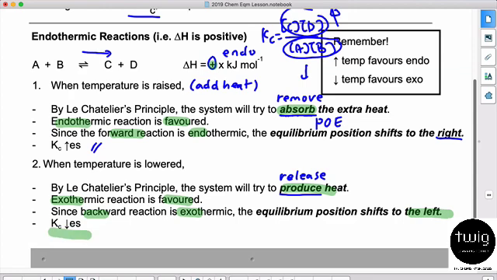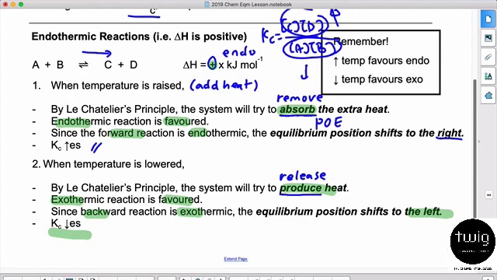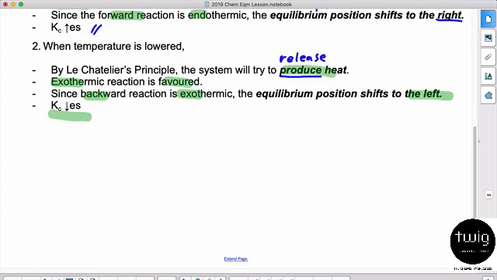Okay, so let's see what I want you to learn. You copy this down, and then later on you can do all the questions today. Change in temperature. This is only for change in temperature, right? Kc increases. What does it imply? I change temperature, Kc increases. What does it say about position of equilibrium? You say I change temperature and then the Kc value went up.